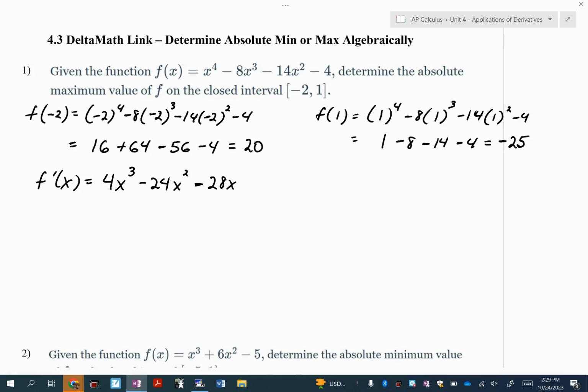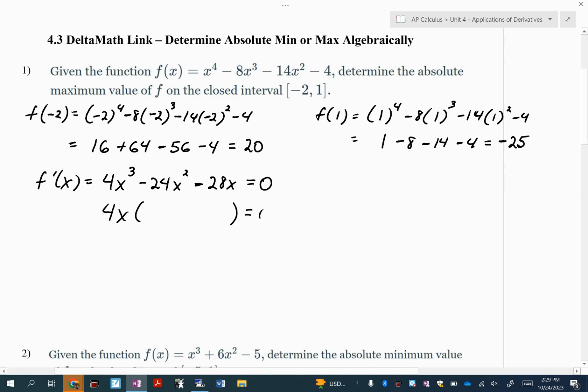0. All right. Once you have the derivative, to find the critical points, you're going to set it equal to 0 to solve for these critical points. And when I take a look at that, is there anything I can factor out of all 3 of those terms? Definitely an x, and a 4, right? So I'm going to take out the 4x.